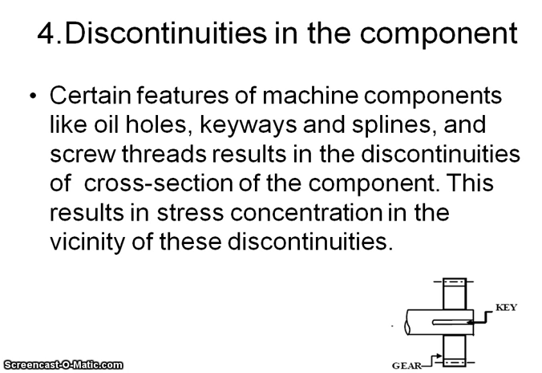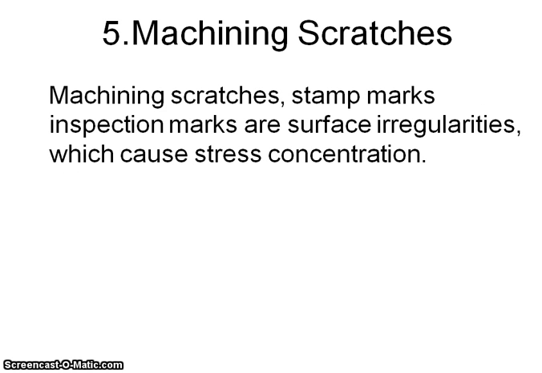Again, the oil holes, the keyways, the splines will act as a discontinuity and there will be more stress concentration at these junctions. The next one is the machining scratches. These again act as an irregularity and will cause stress concentration.